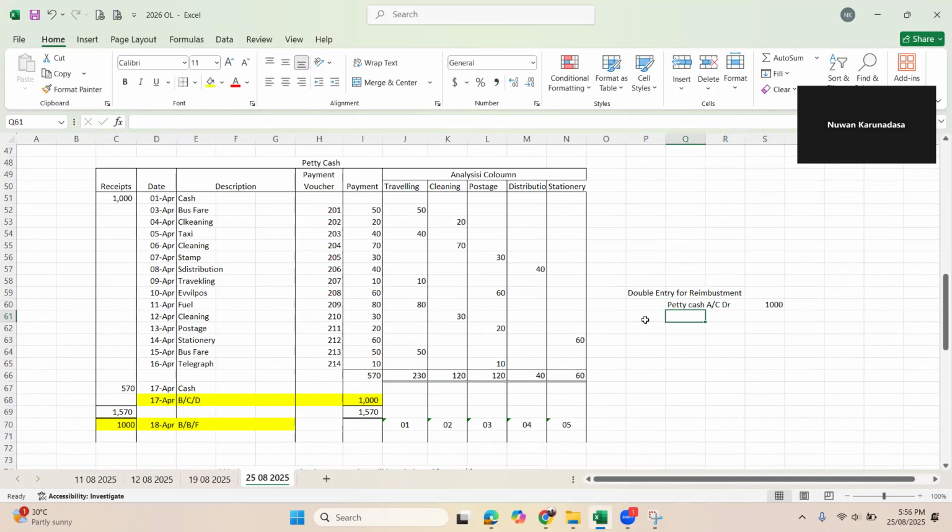Then the cash account, cash book credit 1,000. Then for the payments made from the petty cash, there is again a double entry. Petty cash book credit, relevant expense account debit. The relevant expense means traveling, cleaning, postage, distribution, stationery.